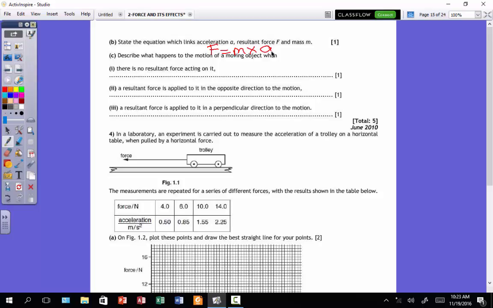When there is no resultant force acting on it, it can be stopped or it can be moving with constant speed if it's a moving object.